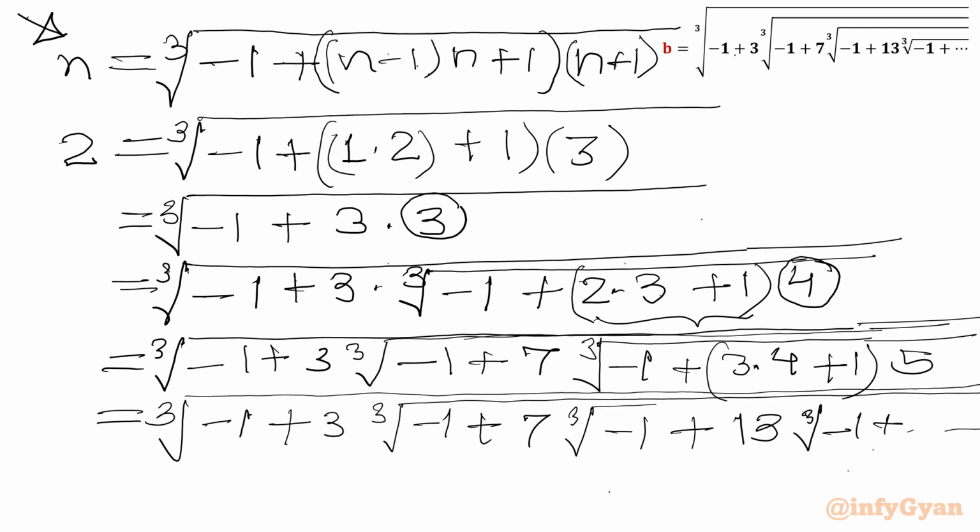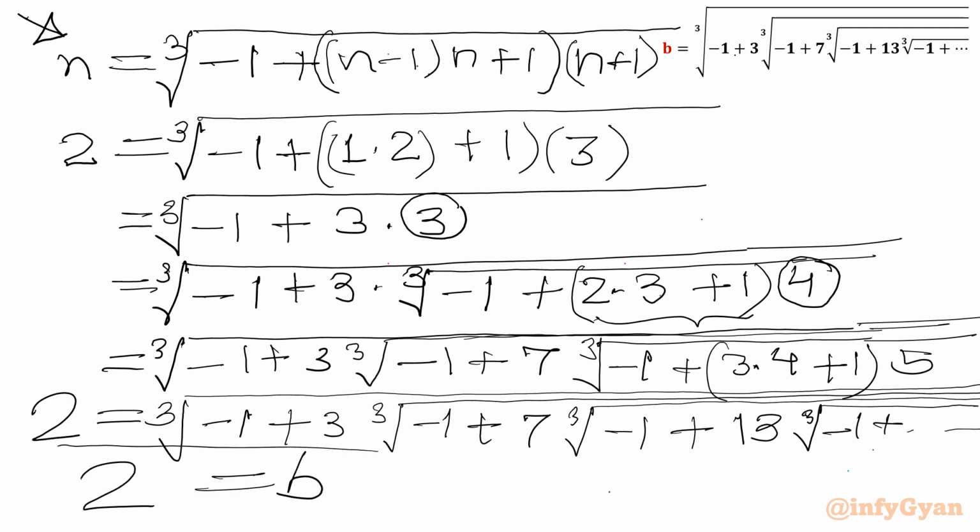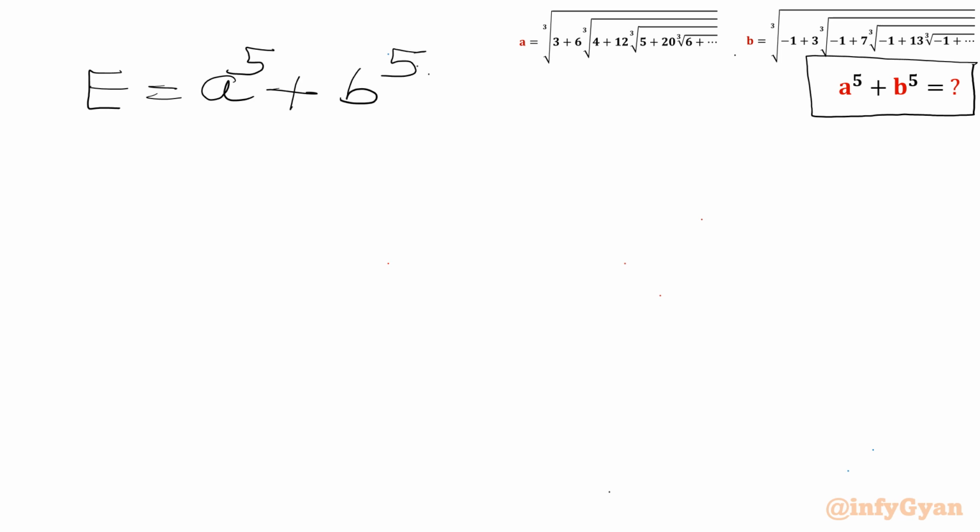Now you can check, it is our b. So left hand side is 2, right hand side is b. So our b value is 2. Now we have to find out a power 5 plus b power 5, which is quite easy. E equal to a power 5 plus b power 5.